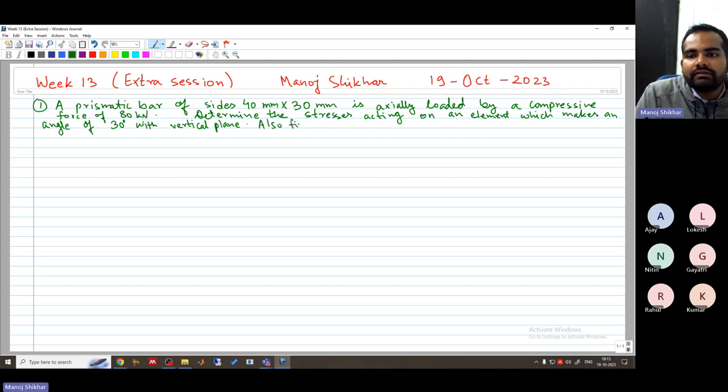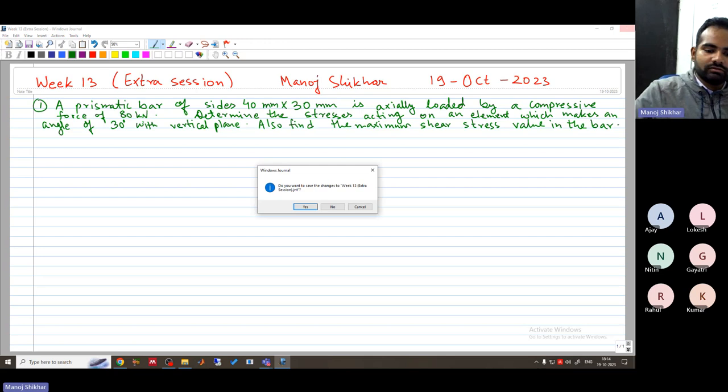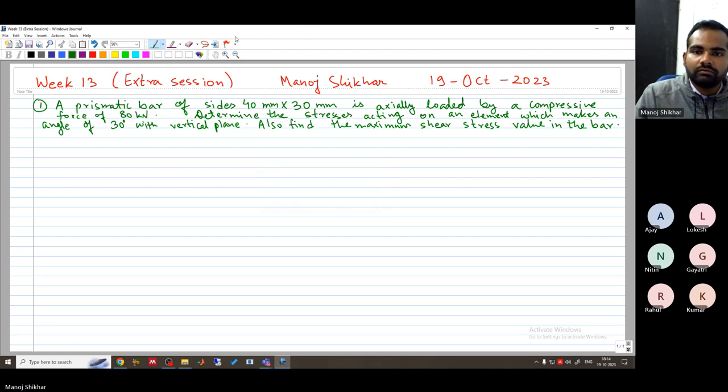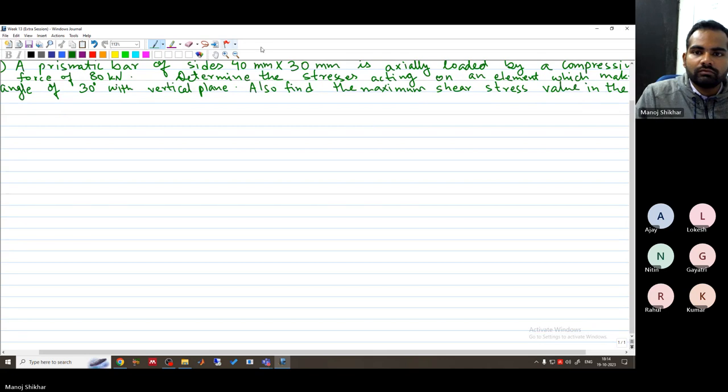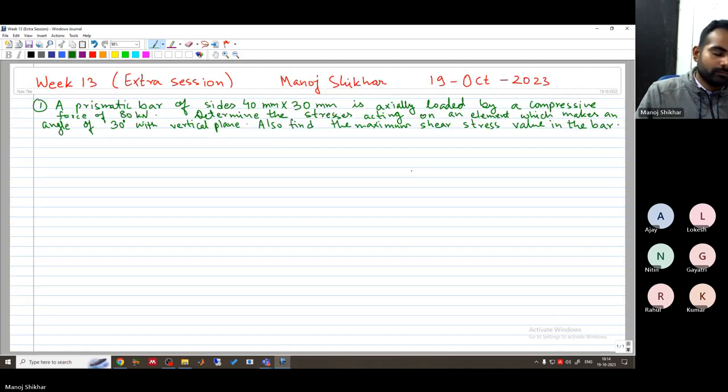Also find the maximum shear stress value in the bar. This is our question. So basically they have given us a bar.